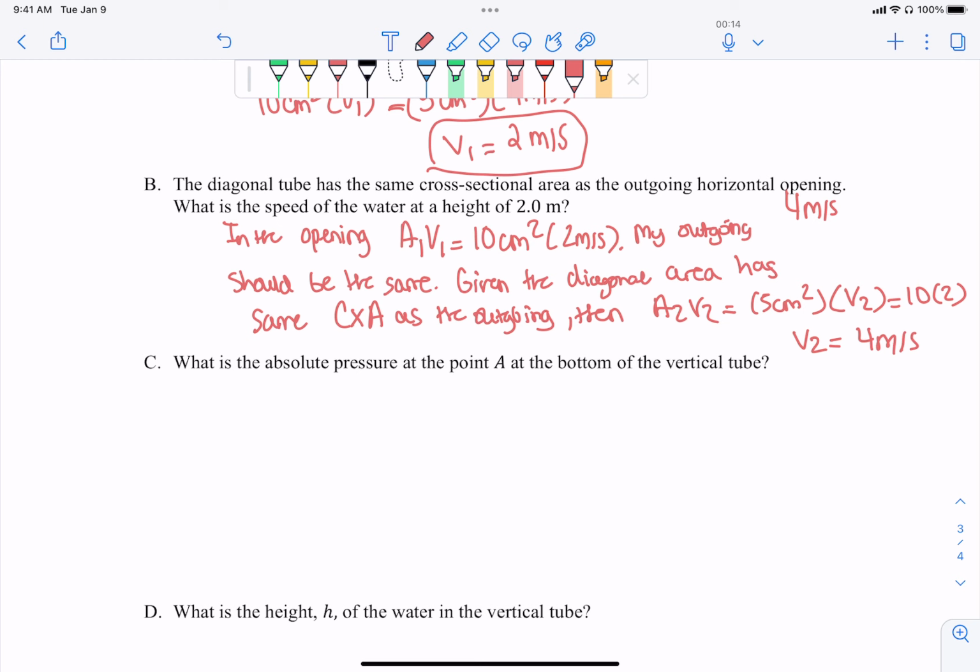Part C now is asking us what is the absolute pressure at point A at the bottom of the vertical tube.